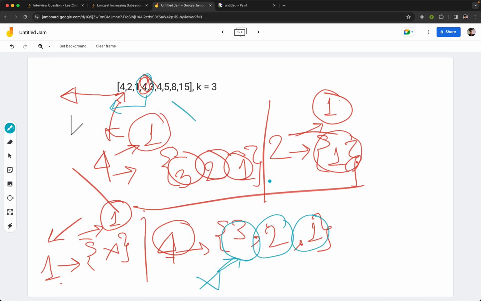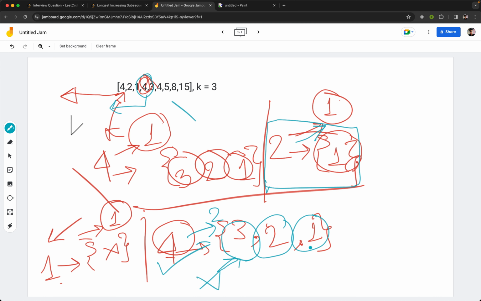Alright, now what is the maximum length if we include 2? Now if you see from this part, including 2 we are able to form a length of 1, right? So if you happen to include 2 with this 4, what would be the maximum length? It would be basically the previous one plus 1 contributed due to this 4, right? So my current maximum result would be 2, fine.